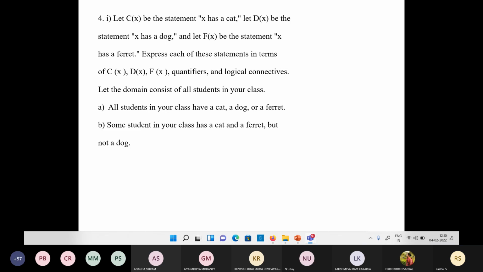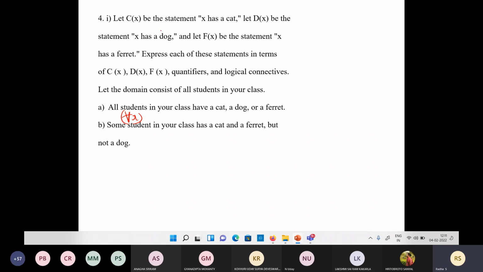Yes, ma'am. All students in your class have a cat, a dog, or a ferret. Ma'am, can we make a new quantifier like say in your class? Yes, you have to use a quantifier. For all x. Okay.